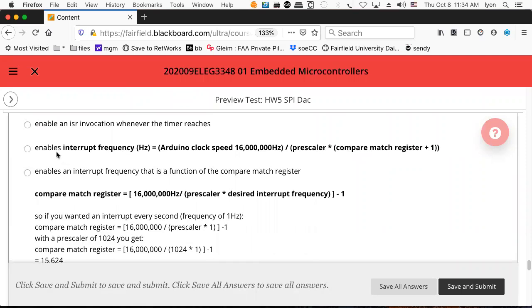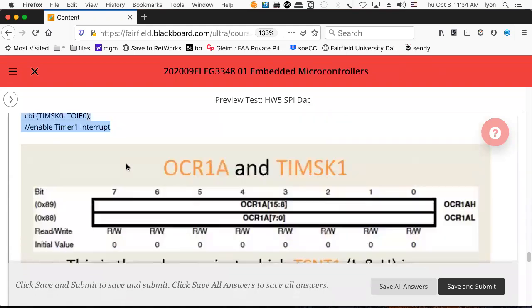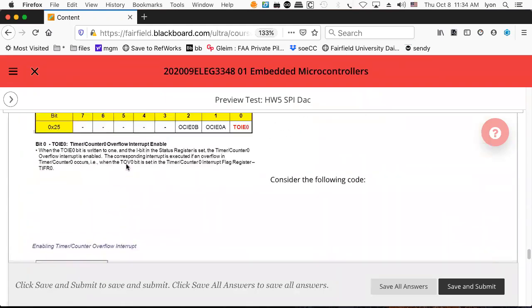That's true. Enables an interrupt frequency which is equal to the Arduino clock speed of 16 megahertz divided by the prescaler times the compare match register plus 1. Now that's true. And I think you can get that if you read the documentation in here about timer frequencies.